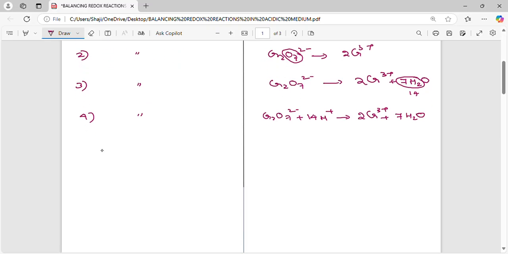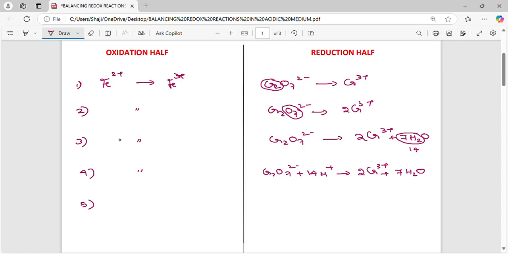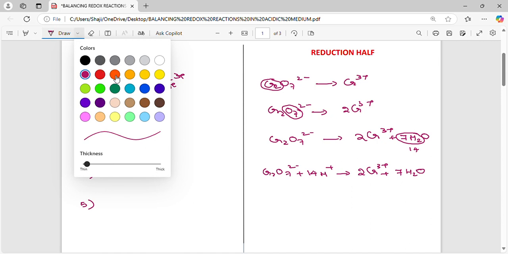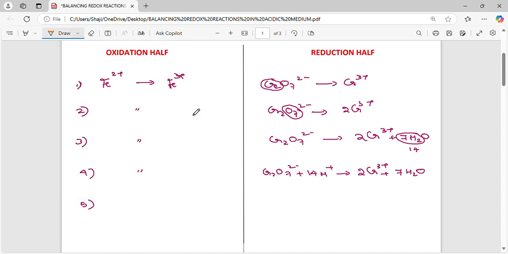Now the last step is to balance the charges. In order to balance the charges, we need to take the total count of charges on the LHS and RHS. Let's take the oxidation half first. Here Fe2+ has a charge of +2, and Fe3+ has a charge of +3. How do we calculate the number of electrons?